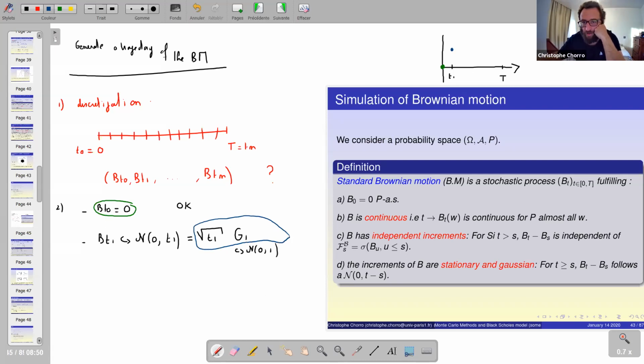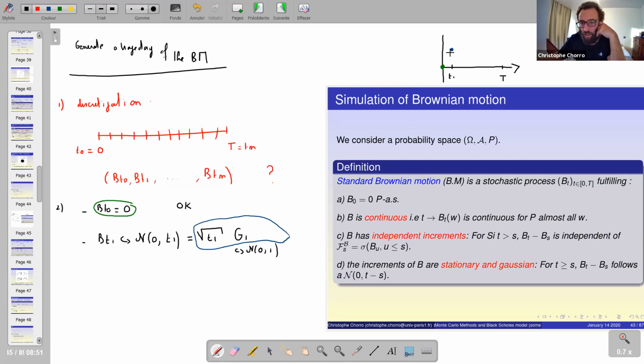Okay, so you have B_T0, you have B_T1. What you will do in order to obtain an approximation of the Brownian motion on the interval 0, T1: here we generate a random vector with a number of points that may be huge. If I want to obtain a process that is a good approximation of the Brownian motion, we are going to consider a process with continuous trajectory, and in fact we are going to consider a piecewise linear approximation obtained from this random vector.